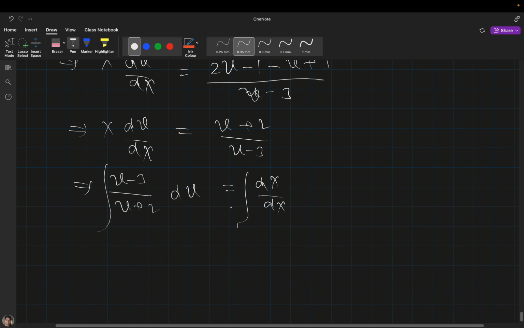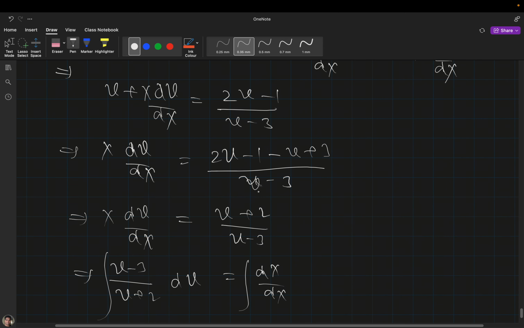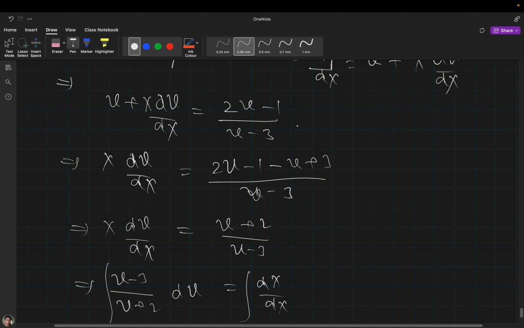Now you have to integrate it. Any problem? I made one mistake. When you transfer this v, it will become v square, and it will be 3v.